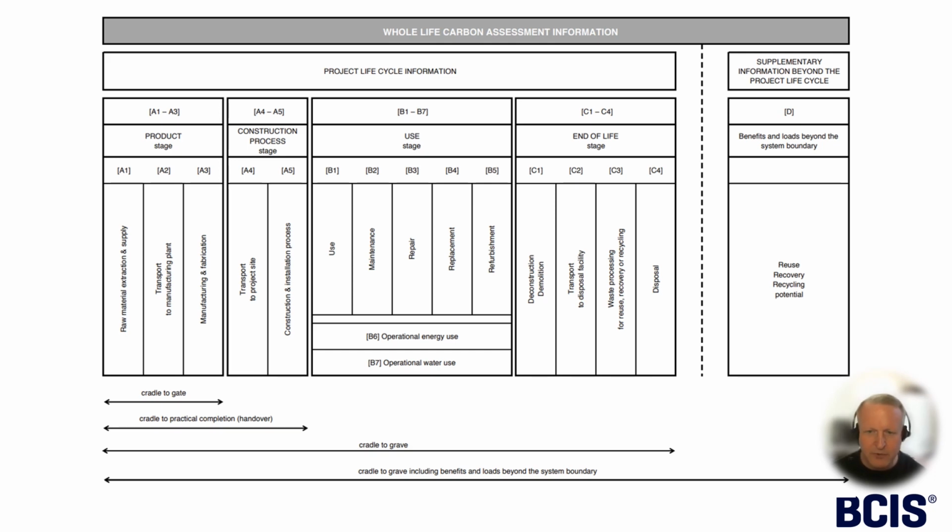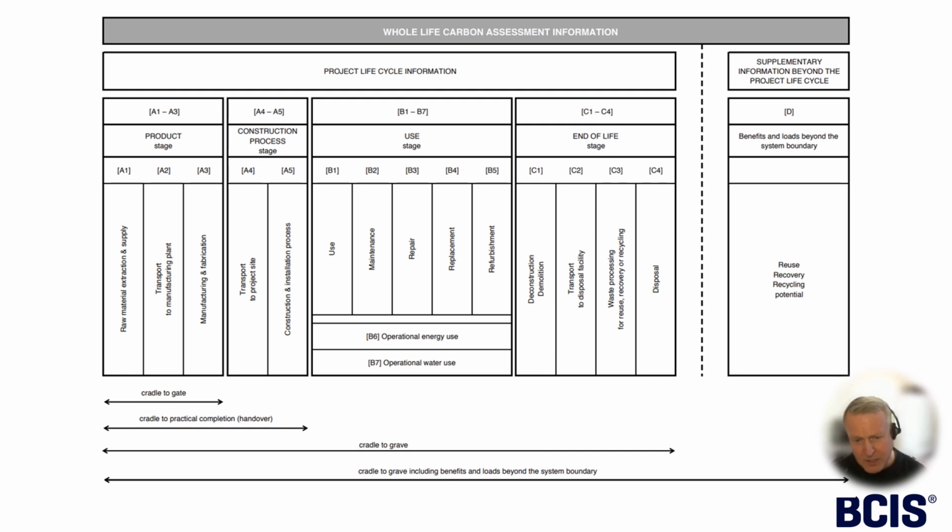Now there's another module which we're not going to dwell on too much in today's session, but could be the focus of another one in itself, which is about considering the potential reuse, recovering, and recycling potential of what you're using. So if you think of something like steel, that at the end of 60, 80, 100 years, however long you've been running your building, you could obviously repurpose that steel.